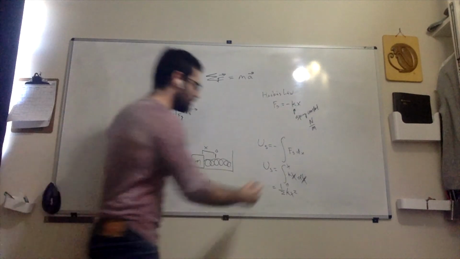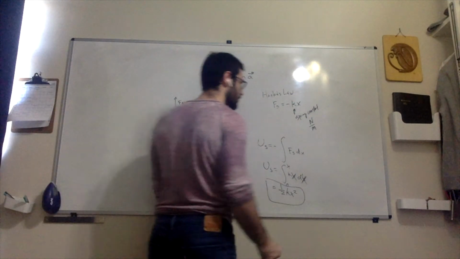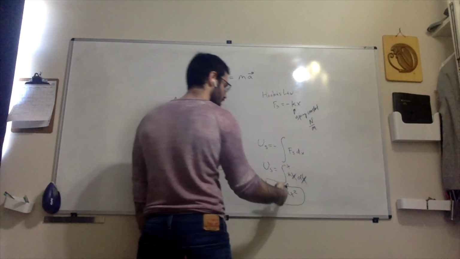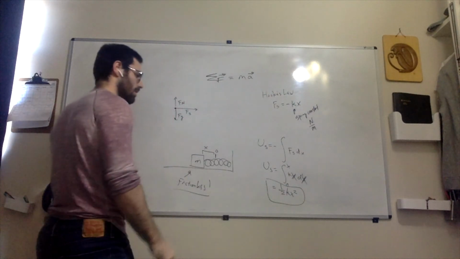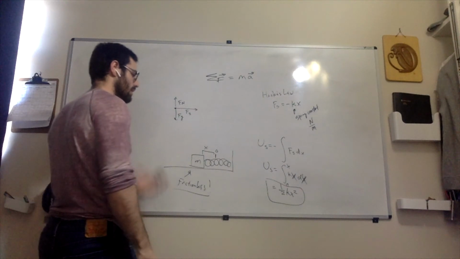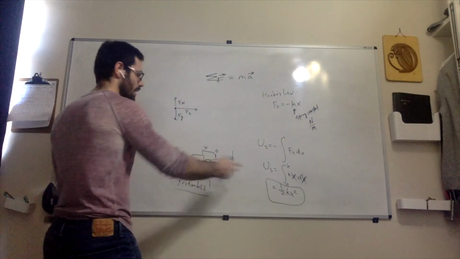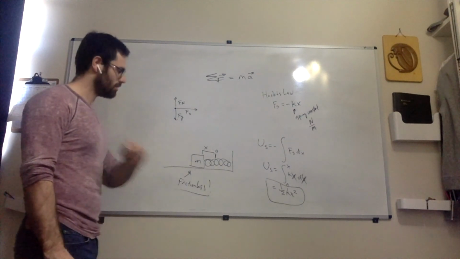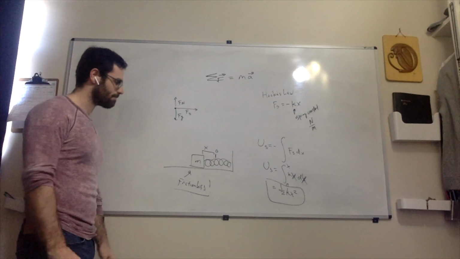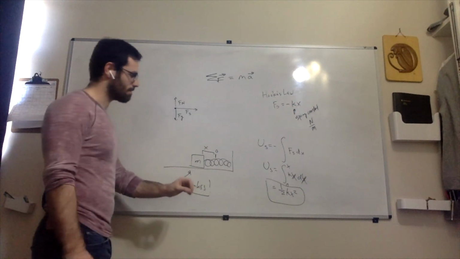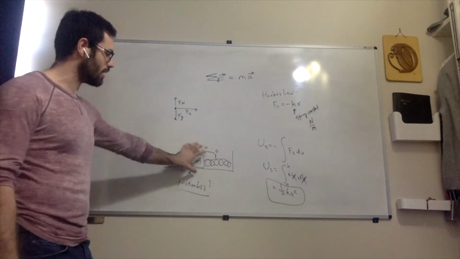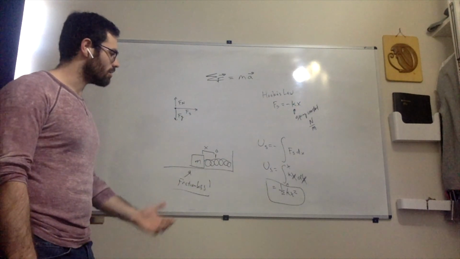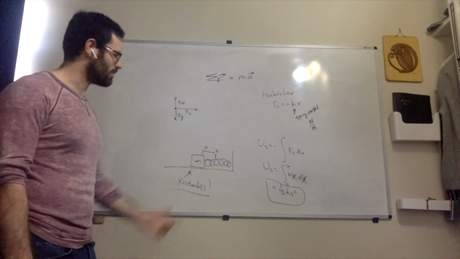Okay, so we have this potential energy value for the spring, and that's the energy stored in the spring. And we want to know how that's going to affect this mass as it moves. Now, let's think about this for a second. In order to check out the energy of this object, this mass, well, what types of energy does it have?